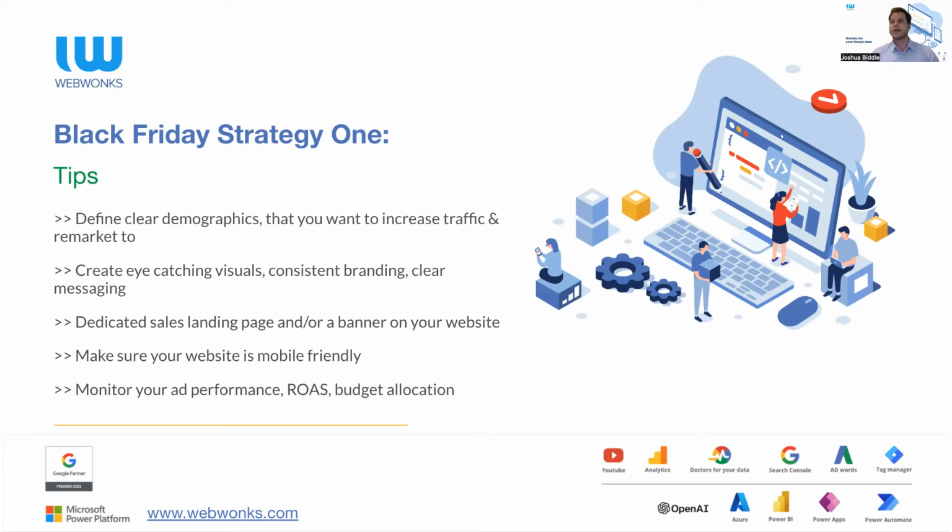Again, create eye-catching visuals, especially with shopping ads as well. This is something different, but why not? Shopping ads are 30% more effective because people like to have a look and see what they're purchasing. It grabs their attention. It's what will get them to click on your website, your advertisement.